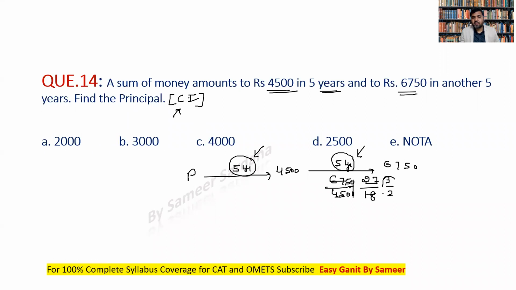The money is becoming 3 by 2 times of itself. So in this period also the money will become 3 by 2 times of itself. So can I say that 3 by 2 times of the principal is 4,500? So here the principal will be equal to 3,000. This is what we were supposed to find out. 3,000 will be the correct answer.